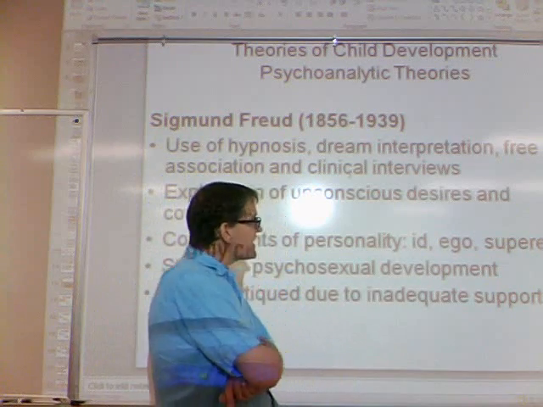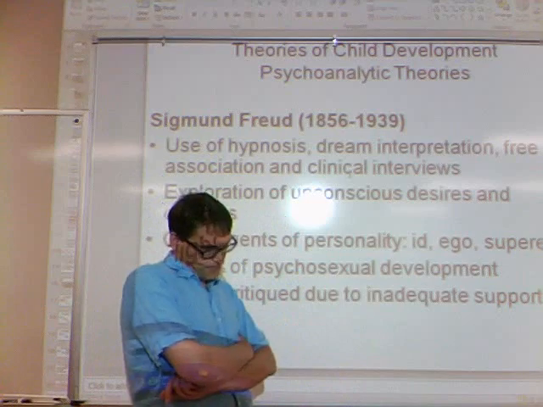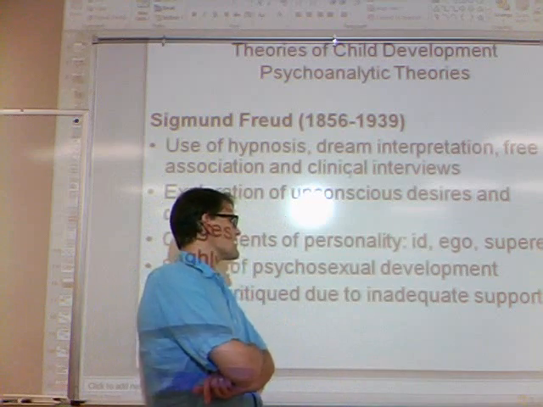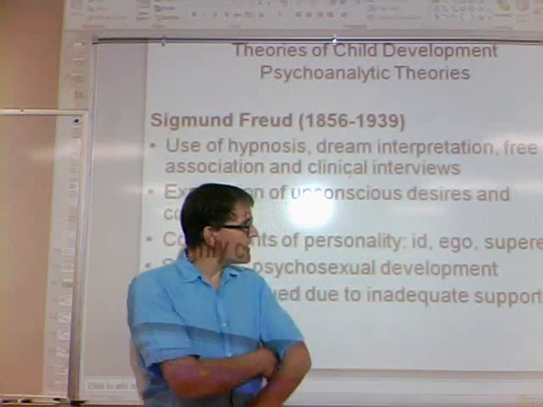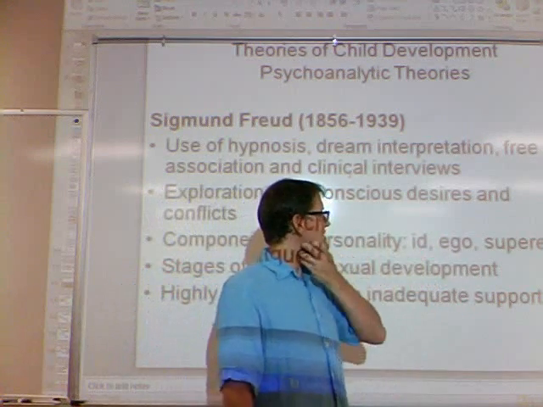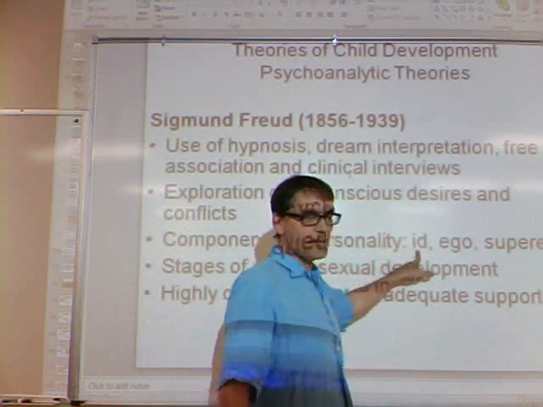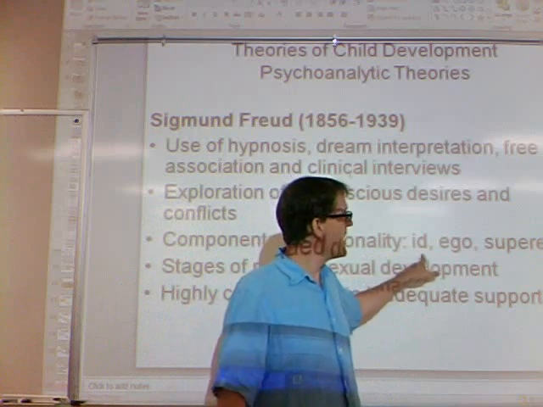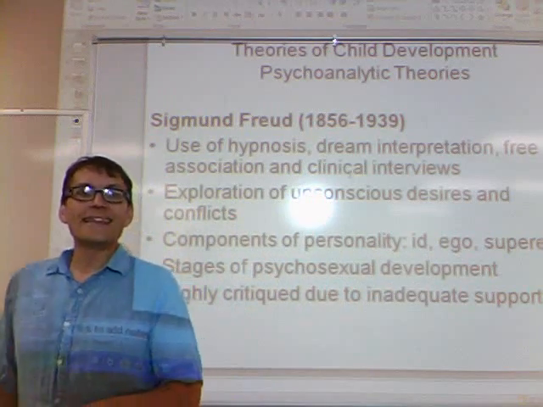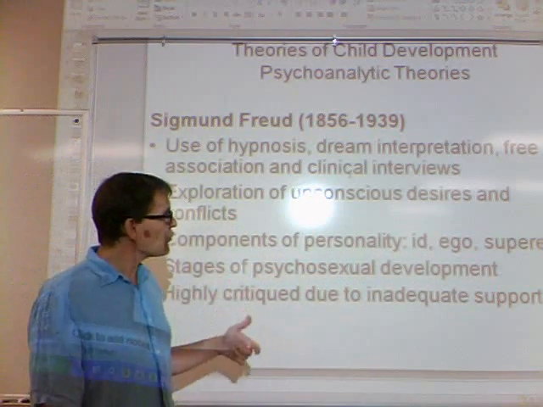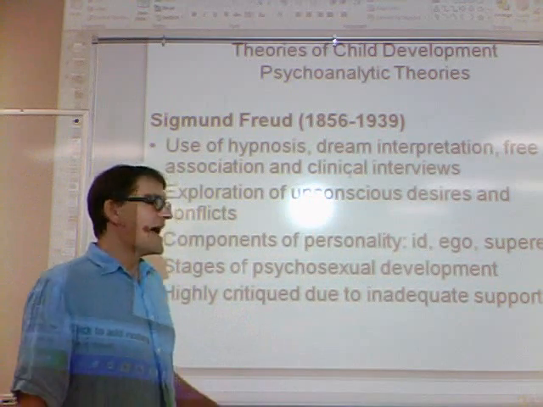Then as the child interacts with the environment, a second part of their personality begins to develop called the ego. The id operates on what they call the pleasure principle. Just gimme, gimme, gimme. If it feels good, just give it to me. The ego, on the other hand, operates on what's called the reality principle. As a kid interacts with the world, they begin to realize that, hey, you know what?